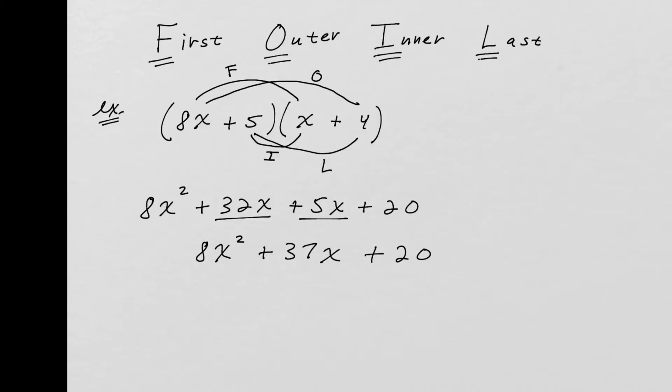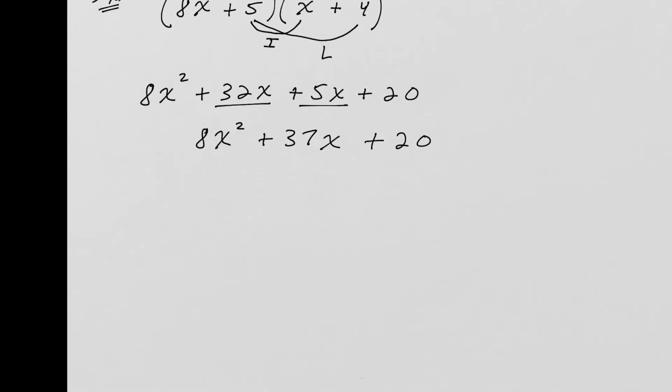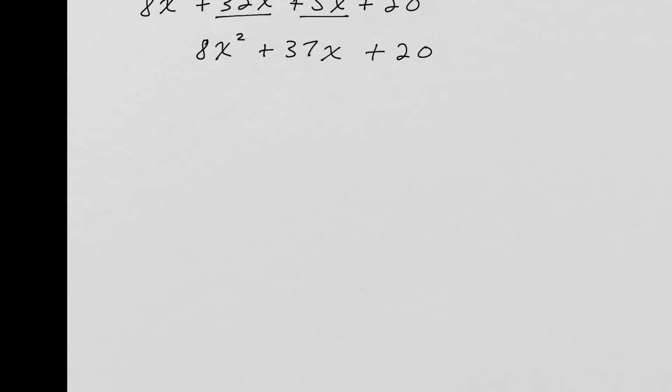Okay. Another way to think about this is anytime you multiply polynomials together, every term in the first polynomial gets multiplied by every term in the second polynomial. That's really all you have to remember. Actually, here, let me write that in general.